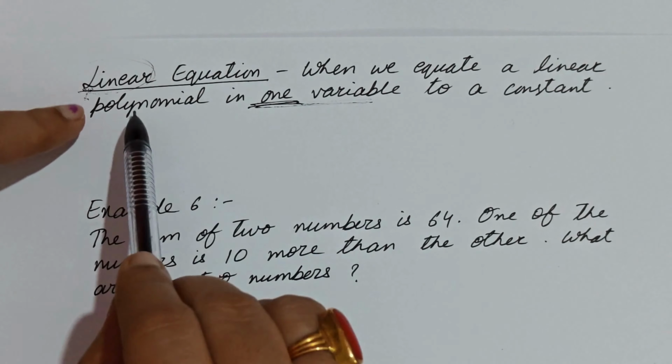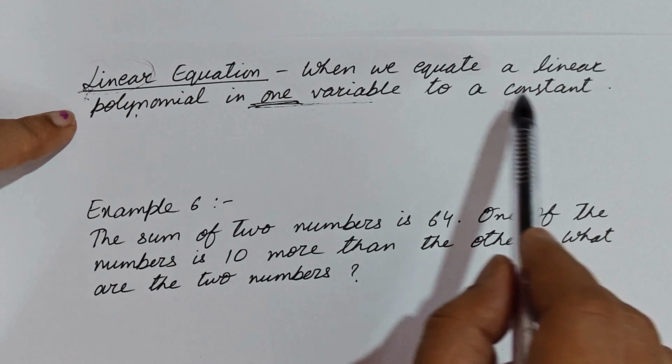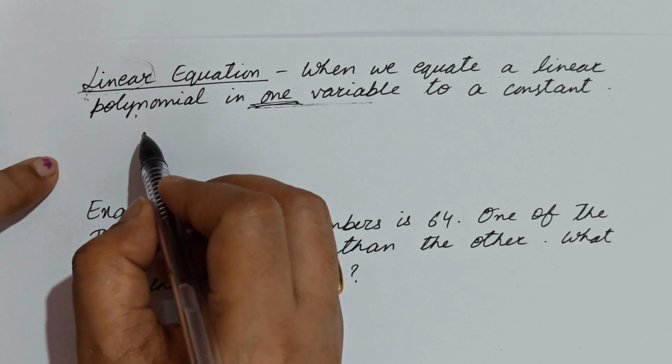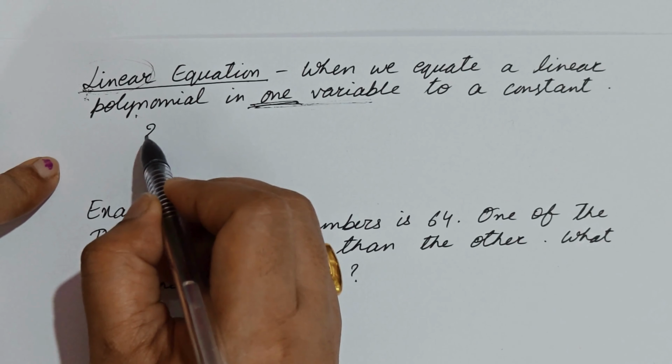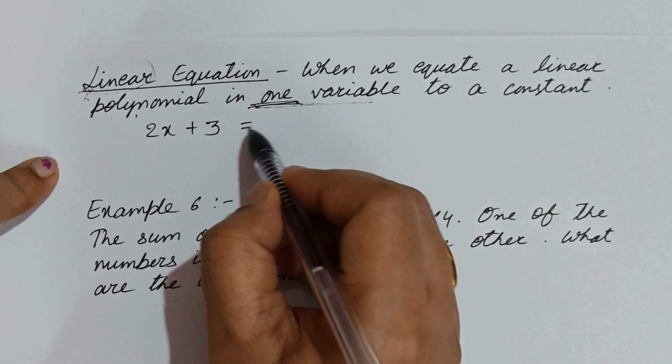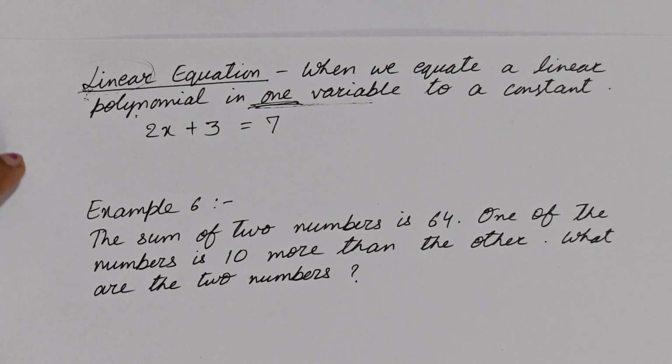So when we equate a linear polynomial in one variable to a constant, I'll show you with an example. If I write 2x plus 3 is equal to 7, this is simply a linear equation.